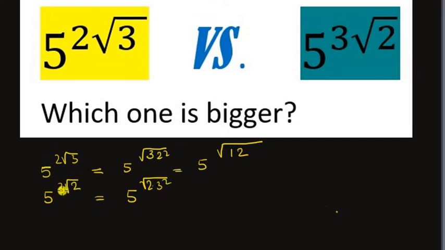And here also, similar to the first one, you can put 3 under the square root, but you have to square this number. So it's going to be 5 to the square root of 2 times 9 is 18, right? So instead of comparing these two numbers, we have to compare these, okay?